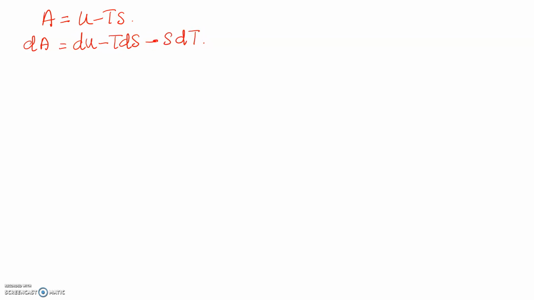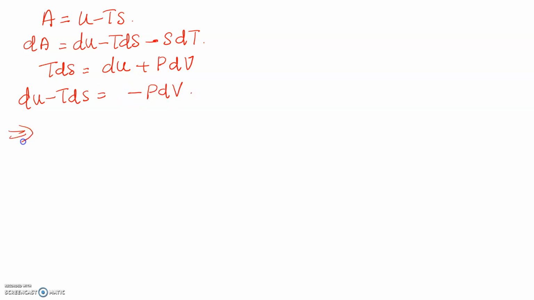From the combination of first and second law, we have TdS is equal to dU plus PdV. So dU minus TdS will be minus PdV. This implies dA is equal to minus PdV minus SdT.